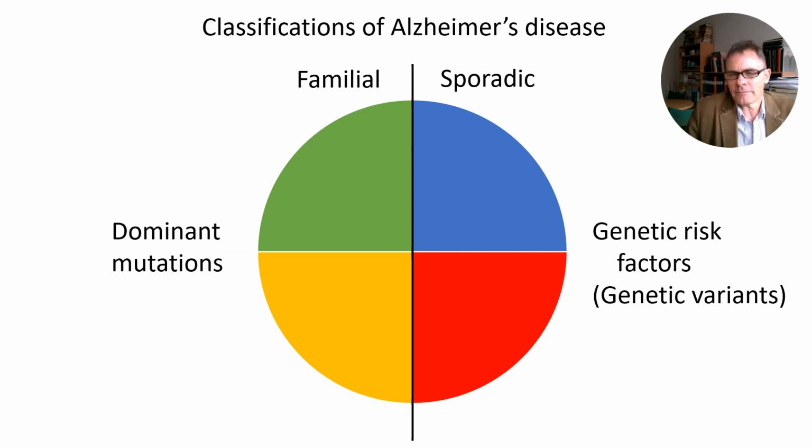But we can also classify Alzheimer's disease in terms of its genetics. Now, there are forms of Alzheimer's disease which are inherited in families where we can definitely see the inheritance.